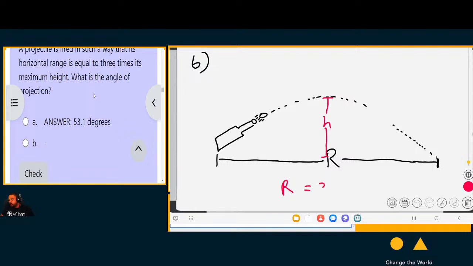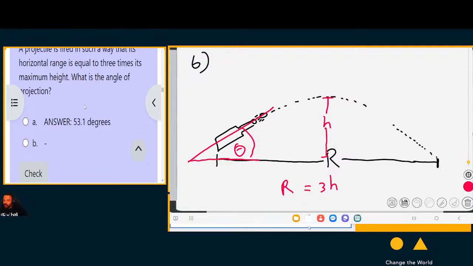So R is equal to 3 times the height. What is the angle of projection, meaning this angle here, theta? At what angle should this projectile be fired so that the range where it lands is 3 times its height?